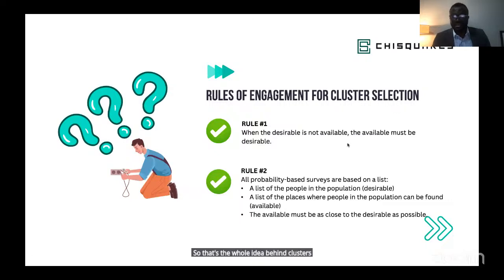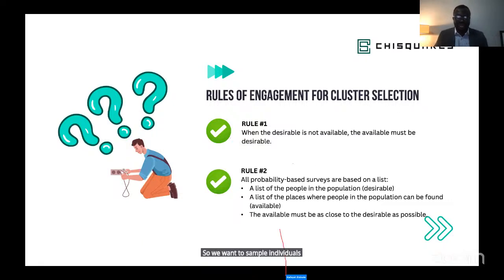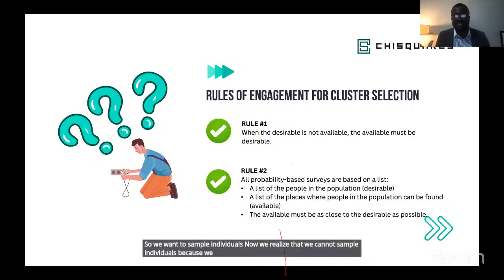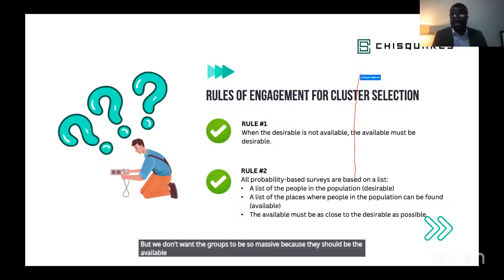But the point here is that the available must be as close to the desirable as possible. So we want to sample individuals. Now we realize that we cannot sample individuals because we don't have a list of the individuals' names. So we go to groups of individuals where we can find an exhaustive list of all the groups. But we don't want the groups to be so massive, because the available and the desirable should be as close to each other as possible.